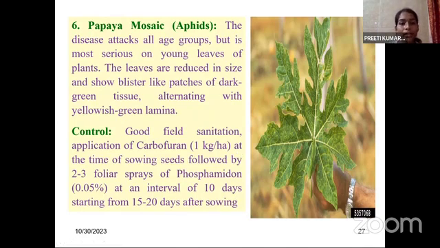The leaves are reduced in size and show blister-like patches on dark green tissues. It can be controlled by good sanitation of the field and application of carbofuran at the time of sowing seeds, followed by 3 to 4 sprays of phosphamidon at an interval of 15 to 20 days.